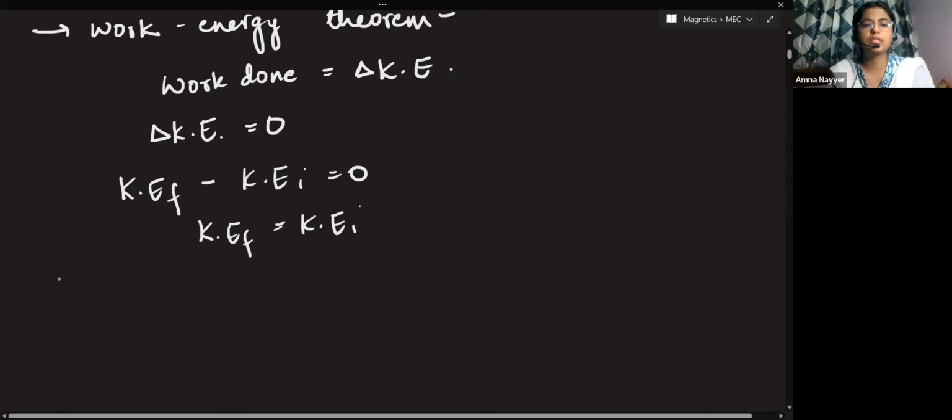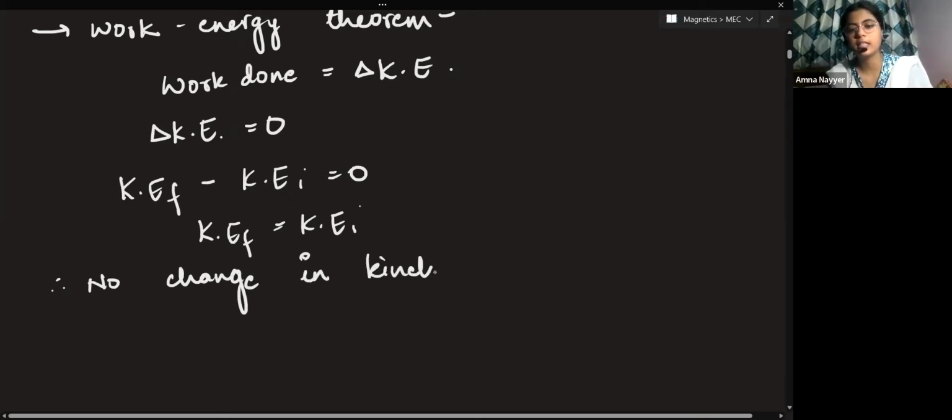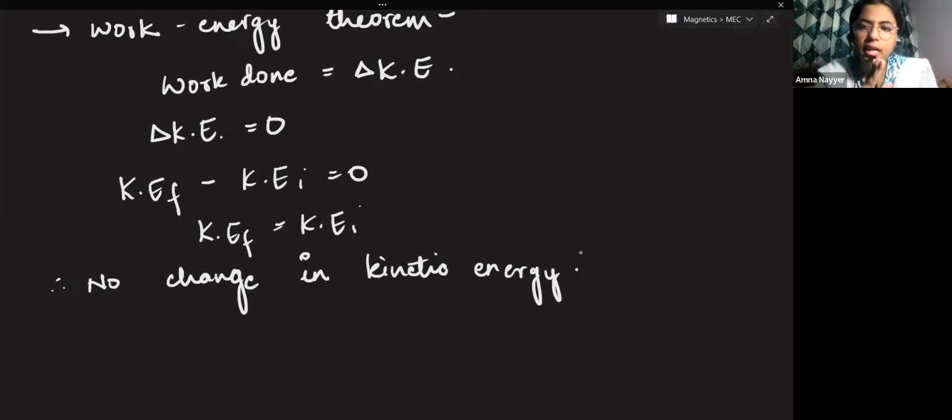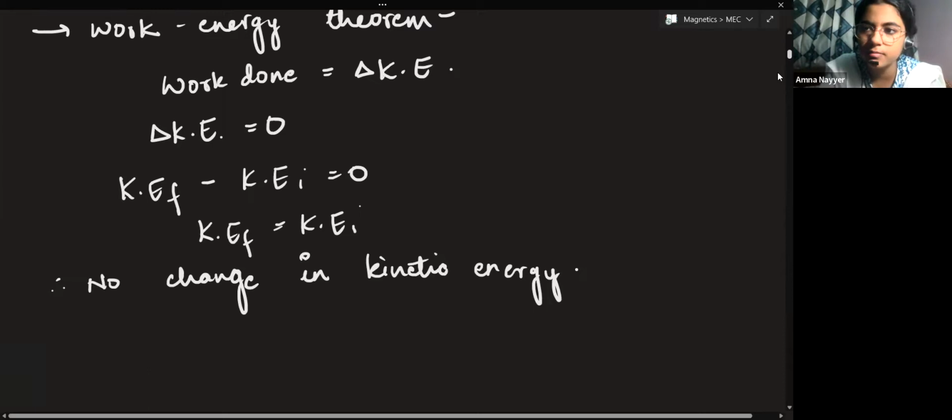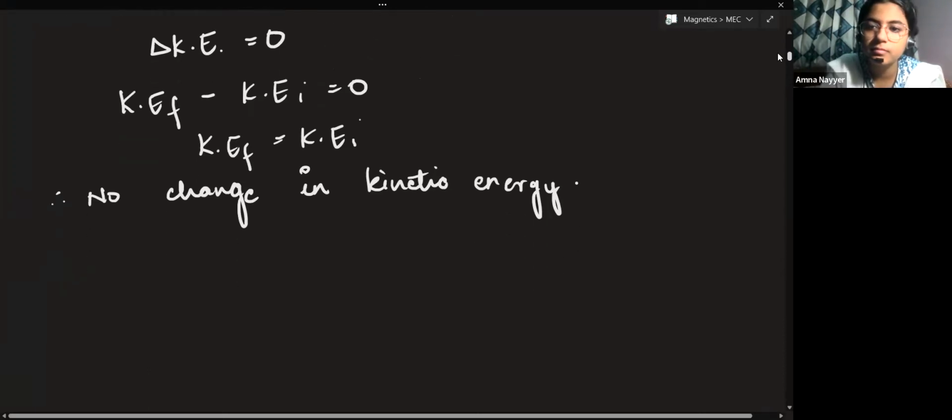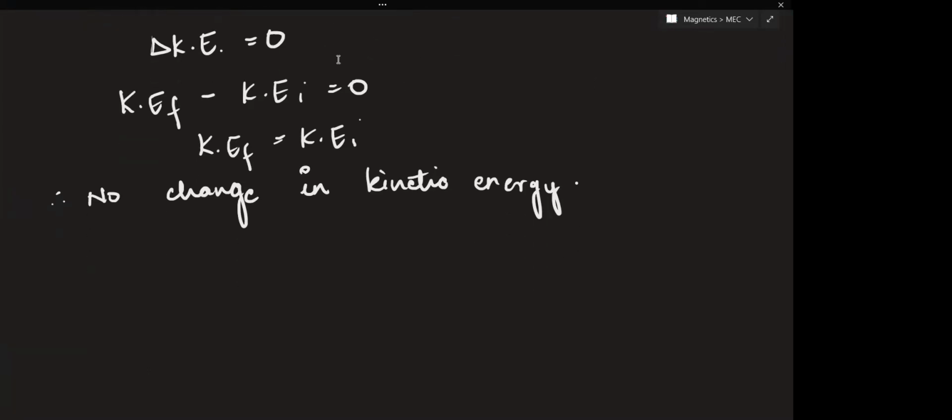So you can conclude, therefore, no change in kinetic energy. One more conclusion you can see. See, how is kinetic energy related to velocity? K is equal to half mv square.